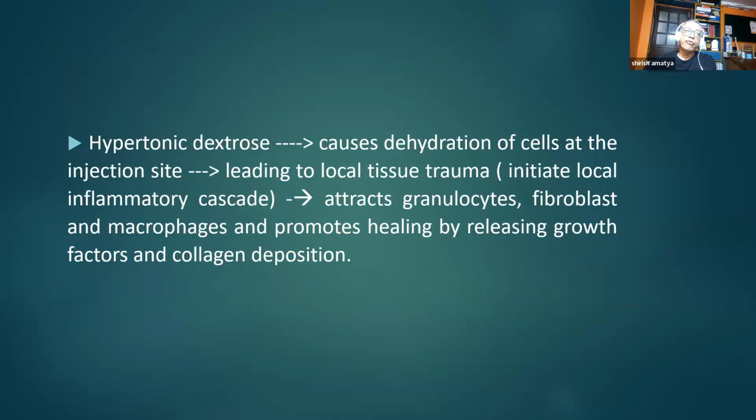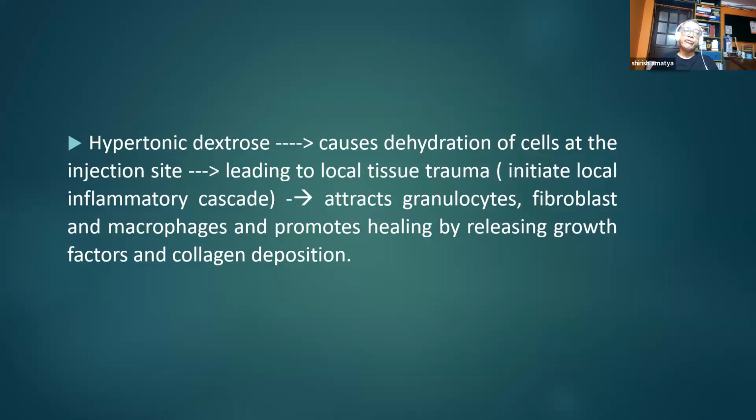The mechanism of action by which dextrose causes prolotherapy is basically, if you are injecting hypertonic dextrose, it will cause dehydration of cells and cell death or apoptosis. This will lead to local tissue edema, especially at the injected site, and it will initiate the local inflammatory cascade.